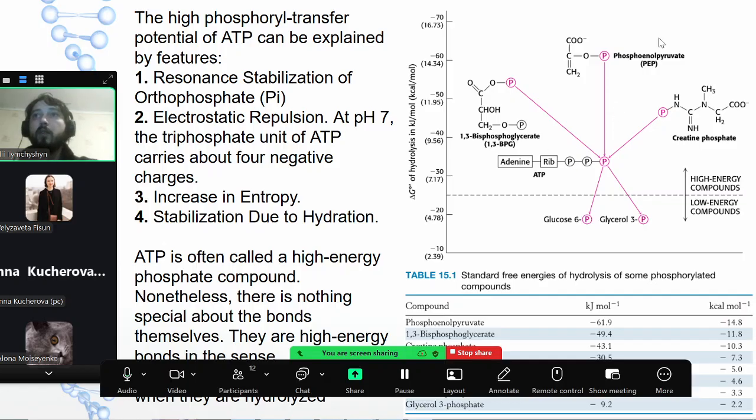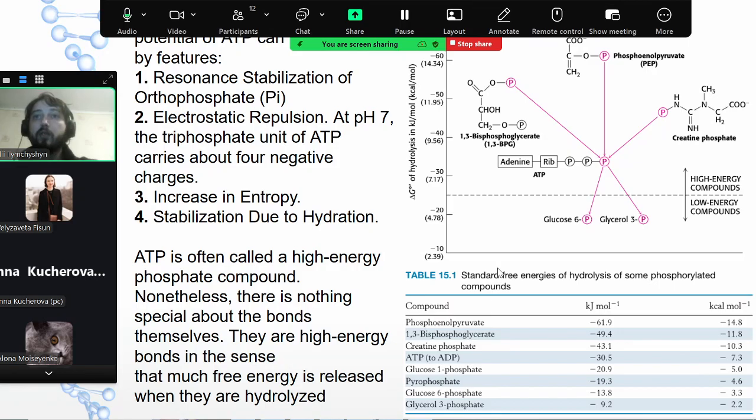Here you see ATP, here phosphoenol pyruvate, which we will see today, and some other molecules. Here is the table that compares these energies. You see that PEP, or phosphoenol pyruvate, has about minus 61 kilojoule per mole energy of hydrolysis, while ATP to ADP has minus 30.